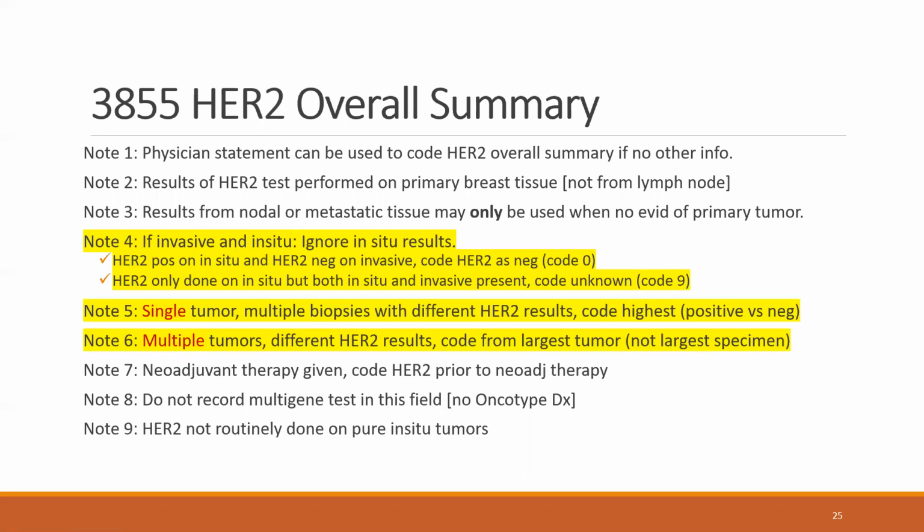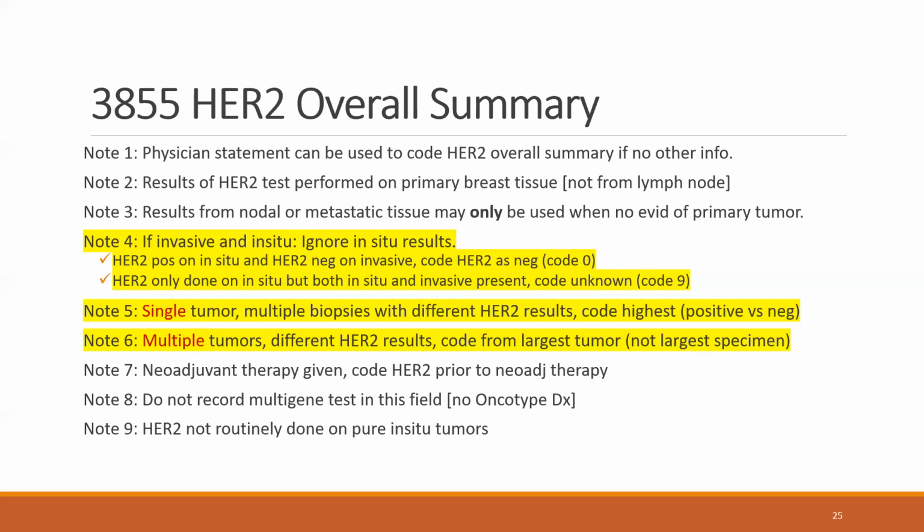So there's 9 notes for the HER2 overall summary. Mainly I want to look at 4. If you have invasive and in situ results, ignore the in situ. If you have HER2 positive on an in situ and HER2 negative on the invasive component, code the HER2 as negative or code 0.